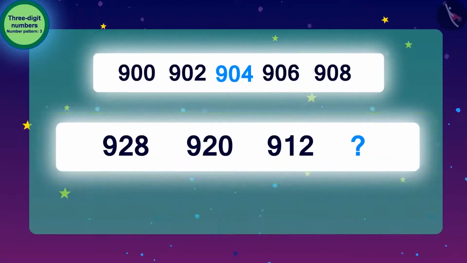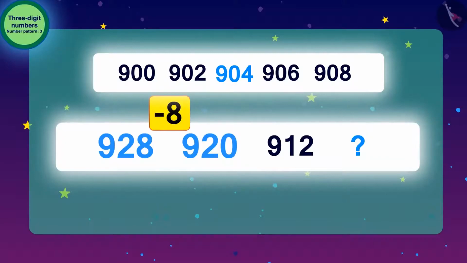Now we will find the number pattern of the second blank. To get from 928 to 920, we have to go 8 steps back, which means we have to subtract 8. Now to go from 920 to 912, we have to subtract 8.